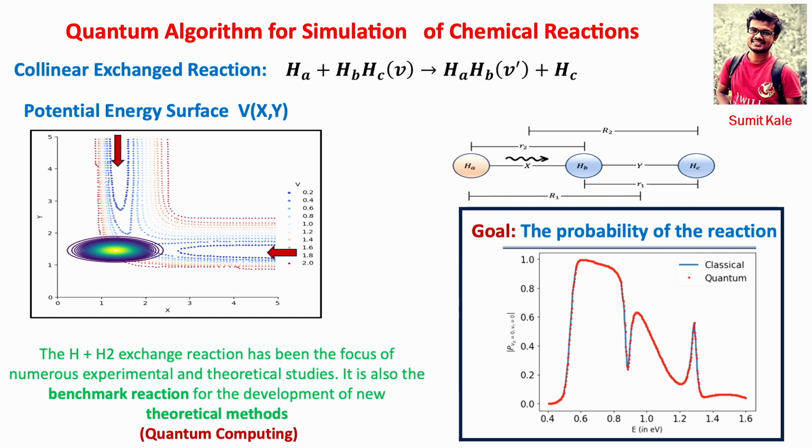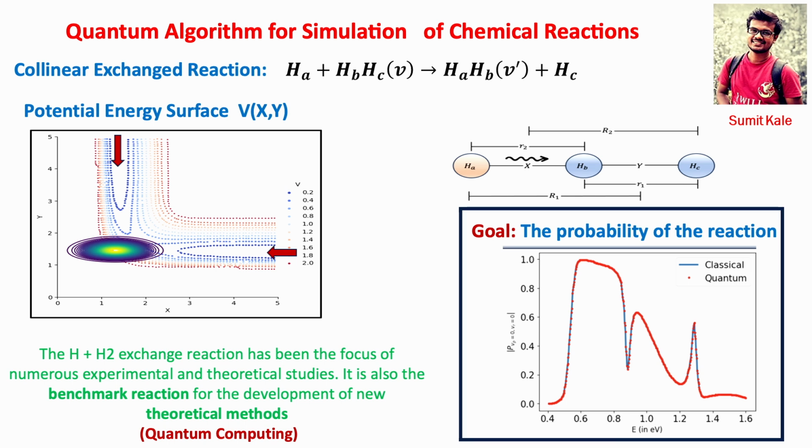And this slide will summarize what I'm going to do next. To do the scattering, first you have to come up with a potential energy surface for the H3 system. And this is an old topic of research in chemistry. People developed this potential energy surface 40 years ago, and there is one accurate potential energy surface describing H plus H2. I will go through more details once we start doing the implementation on a quantum device. So you need a potential energy surface and then your reaction coordinate to describe the scattering.